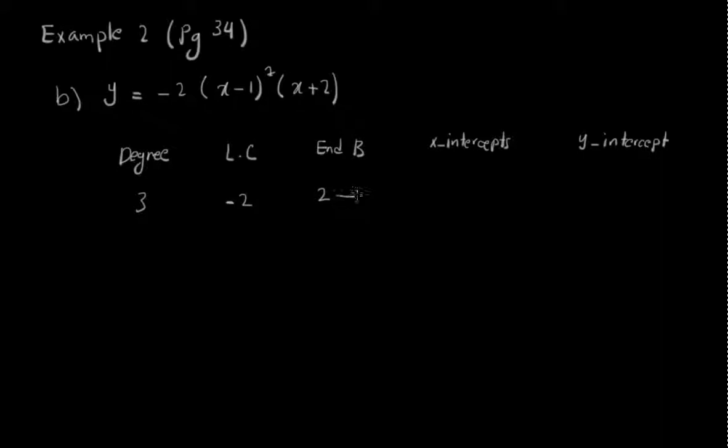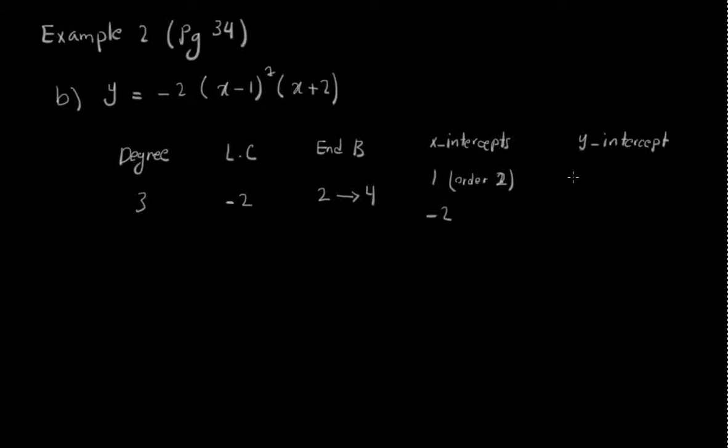to quadrant 4. The x-intercepts are this one. This factor here would give us an x-intercept at 1 with order 2. And the next one is here at negative 2.